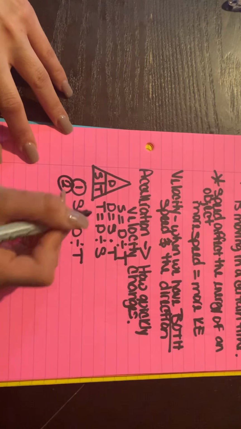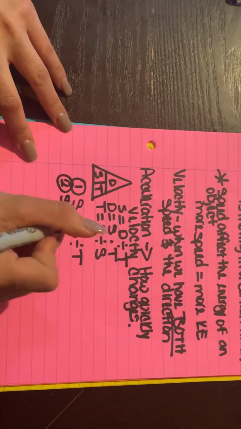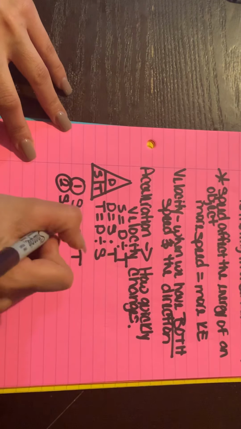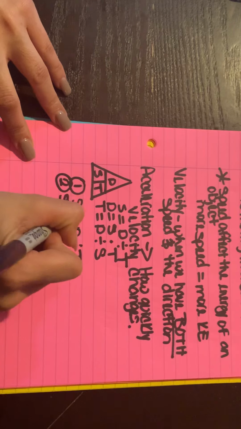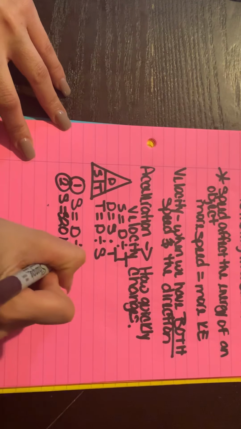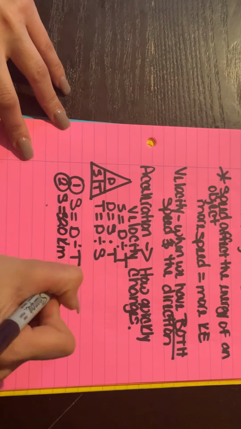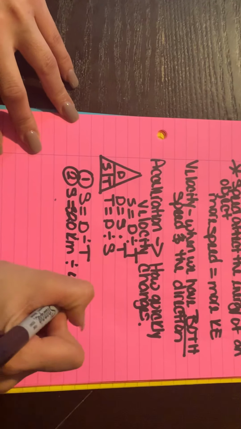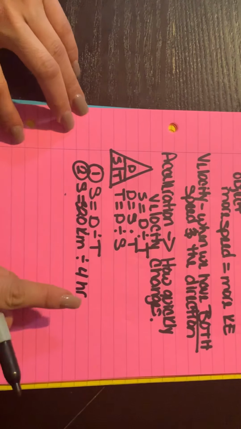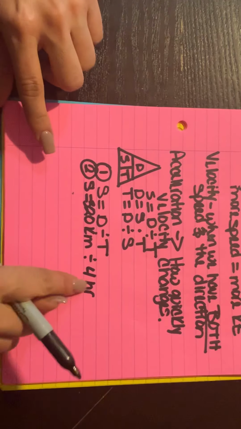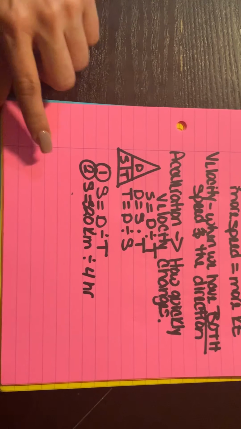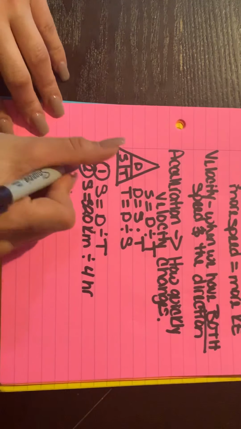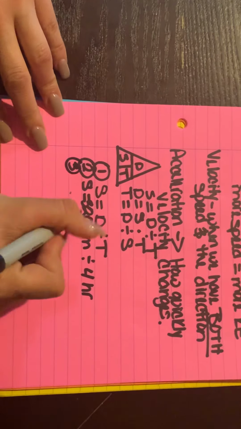Let's pretend that I have a distance of 320 kilometers. And I have a time of 4 hours. So I have to be at my destination in 4 hours and I'm going to travel 320 kilometers. Well, what am I going to do next? I'm going to show my work.